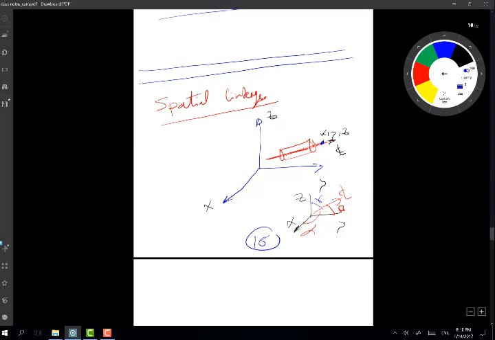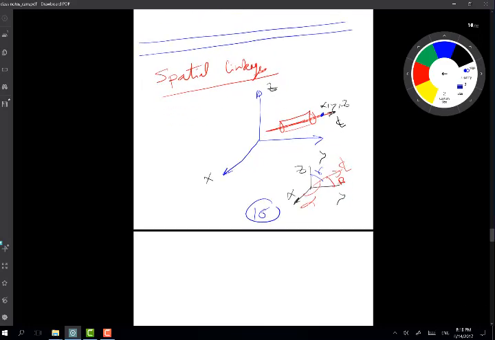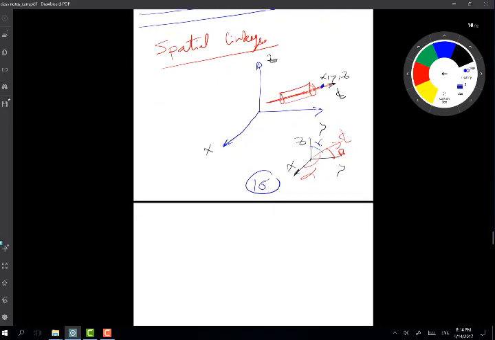So it has three angles with the three axes. In fact, these three angles are related together with one equation, so you need only two of the angles to find the third. The equation is called the direction cosine equation: cosine squared plus cosine squared plus cosine squared of the three angles add up to 1.